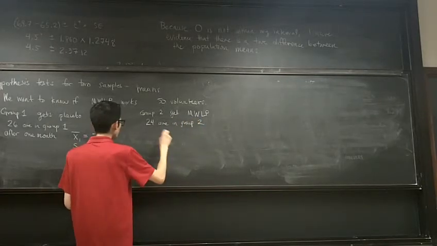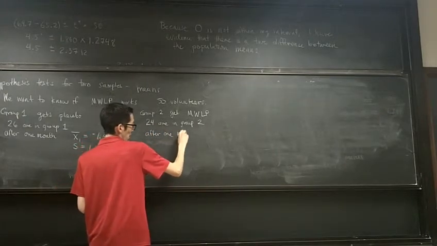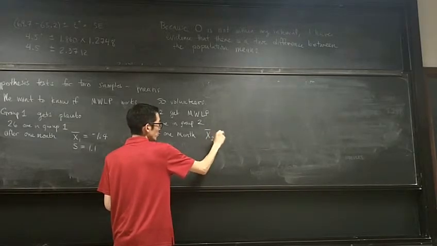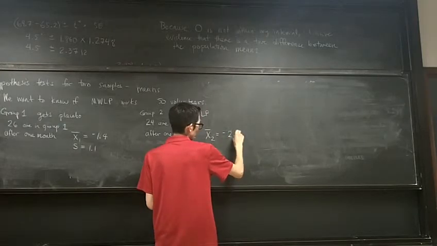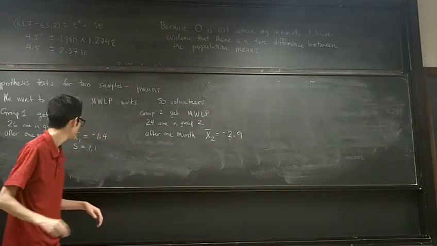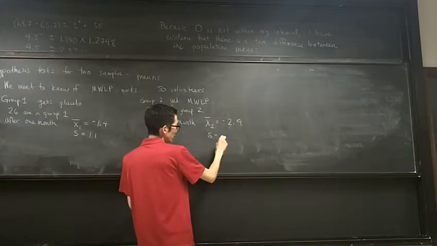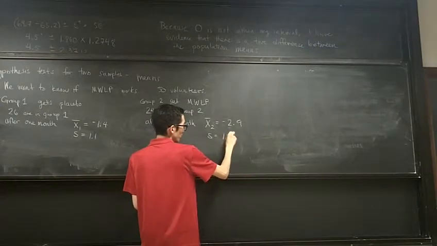And let's say after 1 month, X bar 2 is negative 2.9 pounds, okay, with a standard deviation of 1.2 pounds.